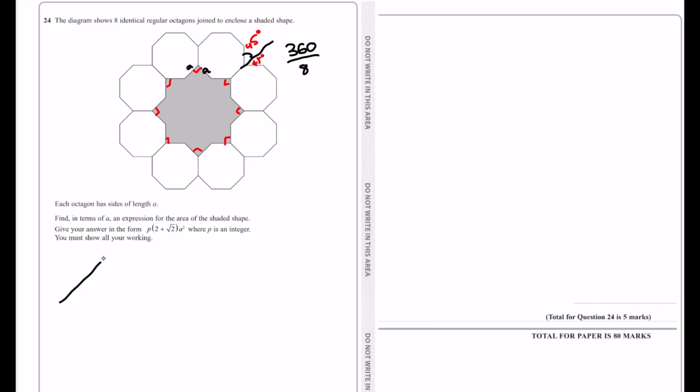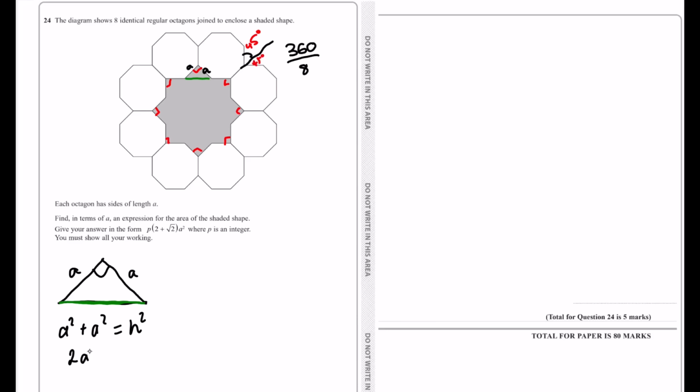So what we've got here is A, and 90 degrees. So we can work out this length in terms of a using Pythagoras. So a squared plus a squared equals the hypotenuse squared. A squared plus b squared equals c squared.